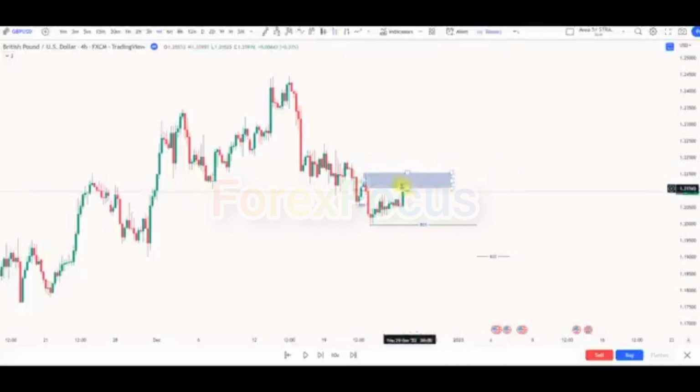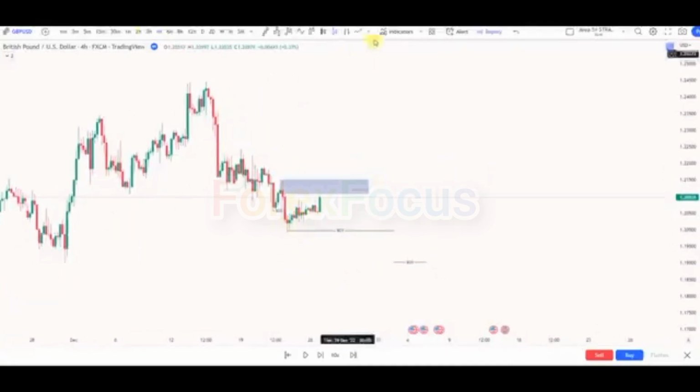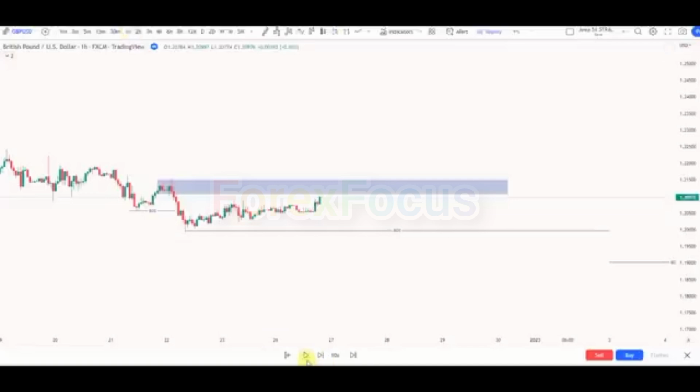Market gives you a breakout structure to the downside, you mark your supply zone around the low high, you go to the lower time frame and you wait for the price to give you some type of higher high, higher low, and then once it hits your supply zone, you wait for a change of character.